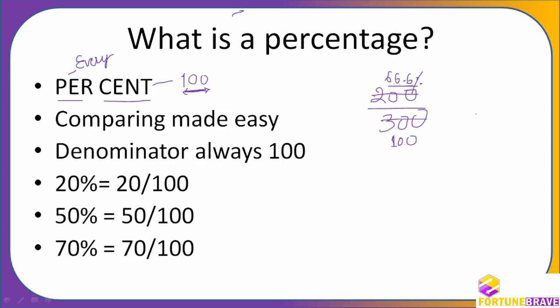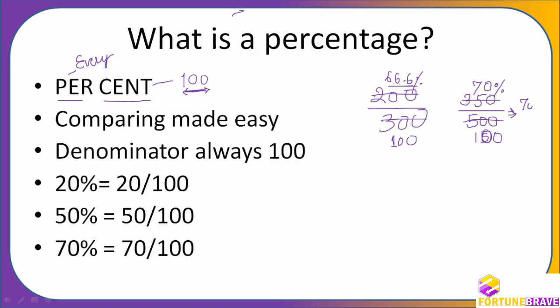Another example can be, say, out of 500 marks, somebody has taken 350. What we will do is, this is 500, so I am going to divide it by 5. So it will become 100. I am going to divide this also by 5, so I will get 70. So 70 percentage marks obtained by this person.